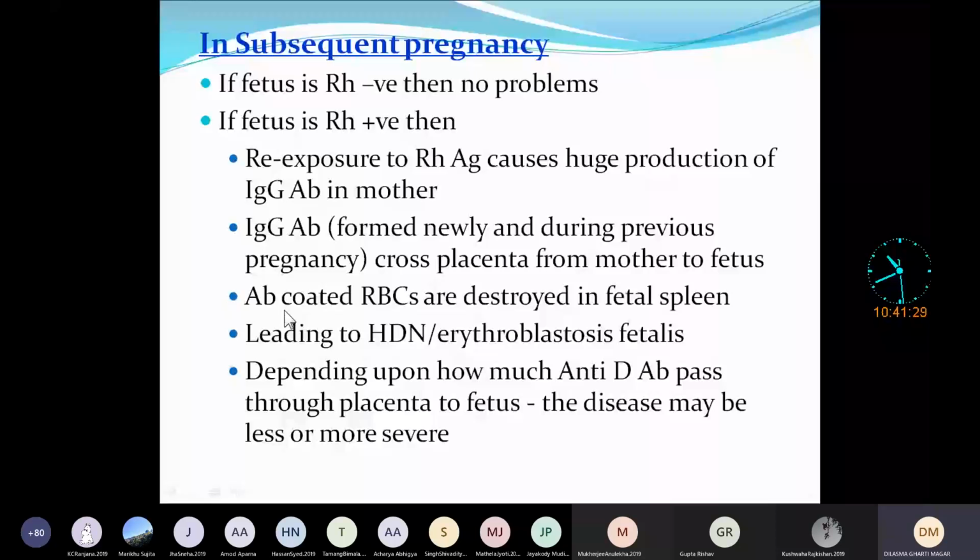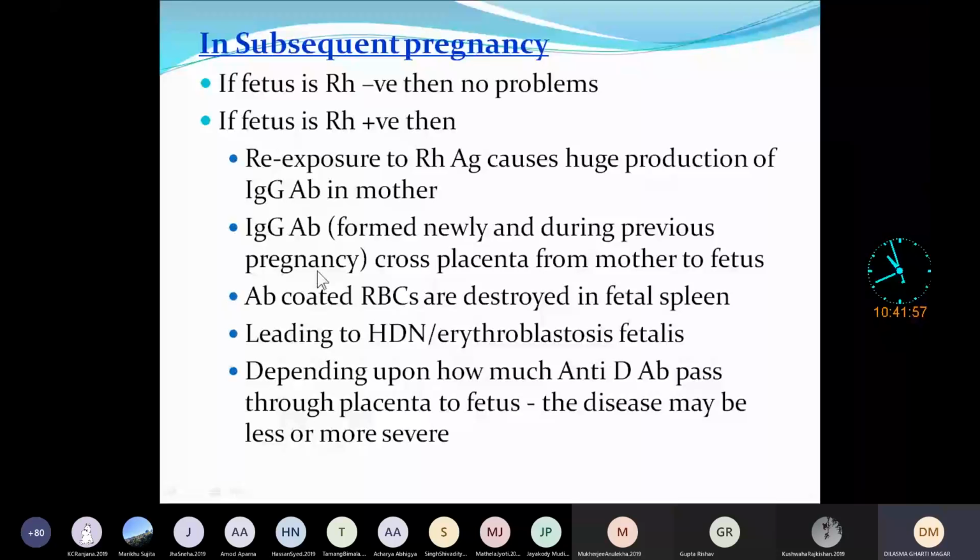The blood going into the circulation has to pass through the spleen, isn't it? So that's why these antibody-coated RBCs will go to the fetal spleen and get destroyed there. Understood here? So finally it will lead to hemolytic disease of the newborn, or erythroblastosis fetalis.